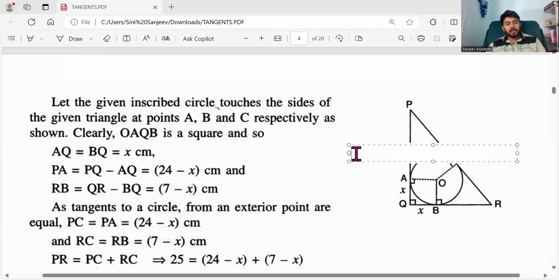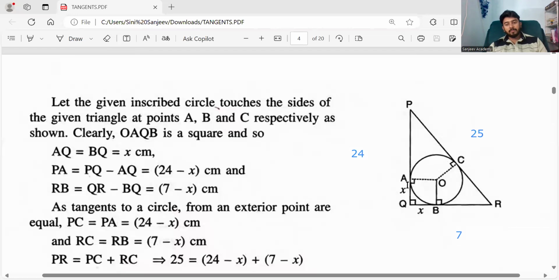PQ in total is 24. And PR, I got it as 25. And QR in total is 7. Correct? So if these three things are X, these two are X.